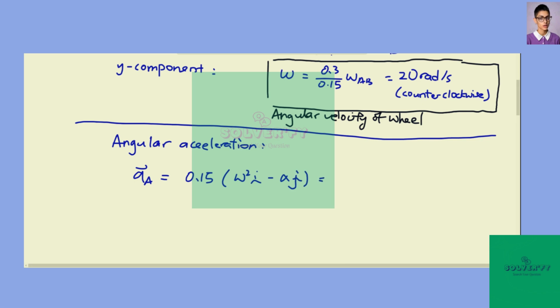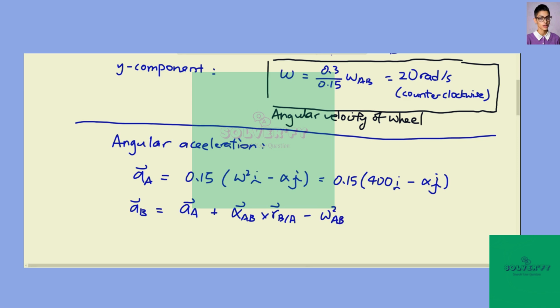Since we know omega is 20, we have 0.15 times 400 i minus alpha j. Then aB is equal to aA plus alpha AB cross r B relative to A minus omega AB squared r B relative to A.